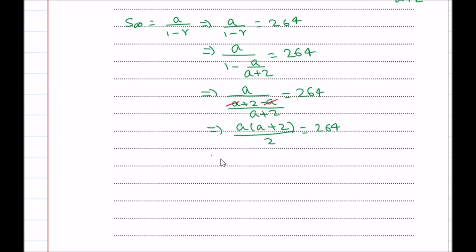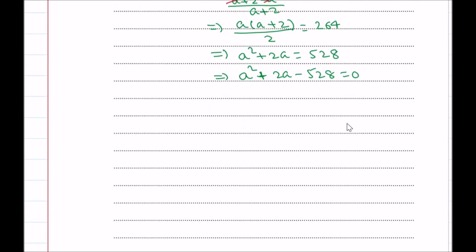So we have A square, expand the bracket, A square plus 2A, and send 2 to the other side, it becomes 528. So now bring 528 to the left side: A square plus 2A minus 528 equal to 0.